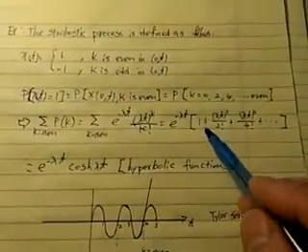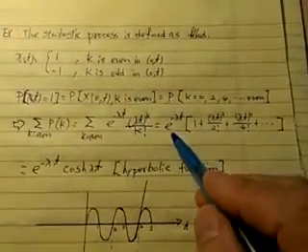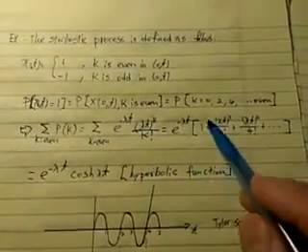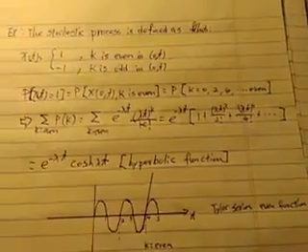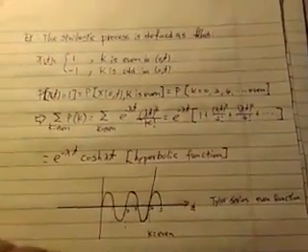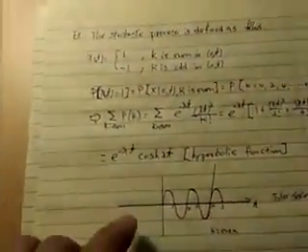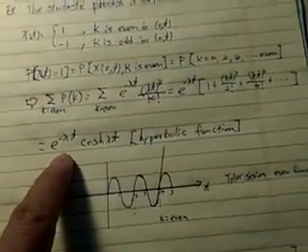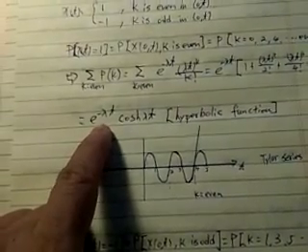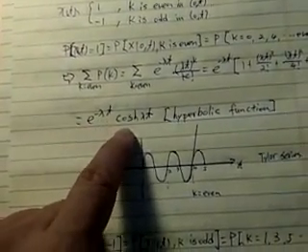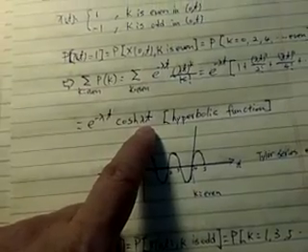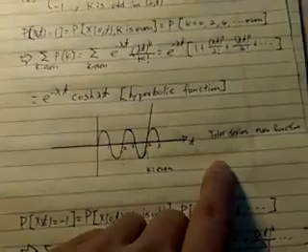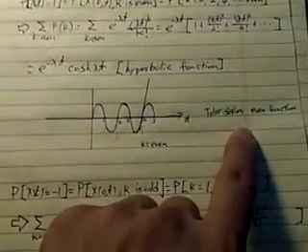Then we expand this one, then we can get this one. So for the even value, we get e to the power of minus lambda t cosh lambda t. That's a hyperbolic function. This is the Taylor series even function.